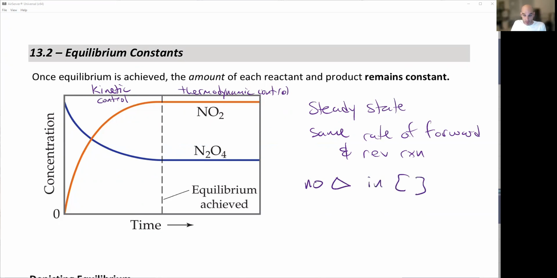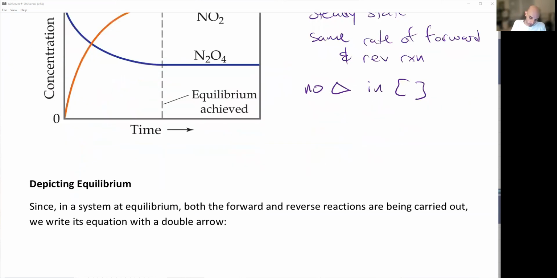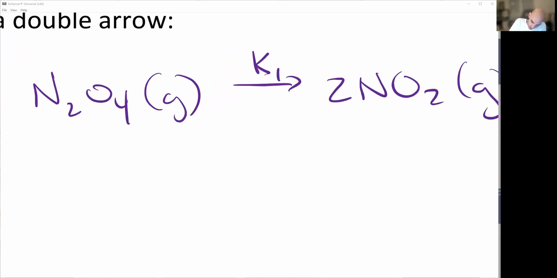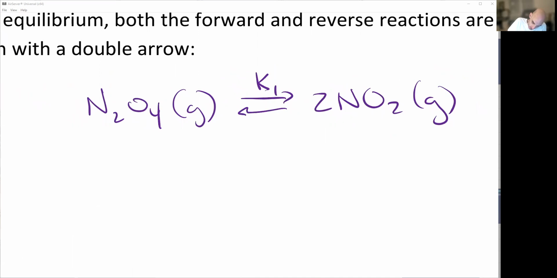Okay, good. So if rate is equal, let's think about what this actually means. So let's depict this equilibrium. There's a new way that we're going to begin writing this. I have N2O4 as a gas. The forward process, I'm going to have K1 in one direction. It's going to produce 2 NO2 gas. But of course, I also have the reverse reaction occurring as well, giving me K minus 1, meaning we're going in the reverse direction.